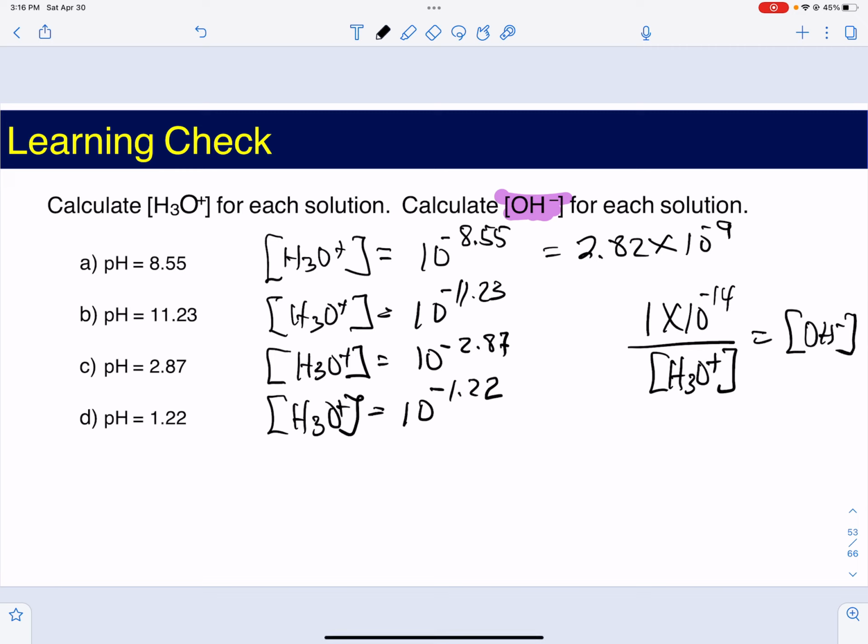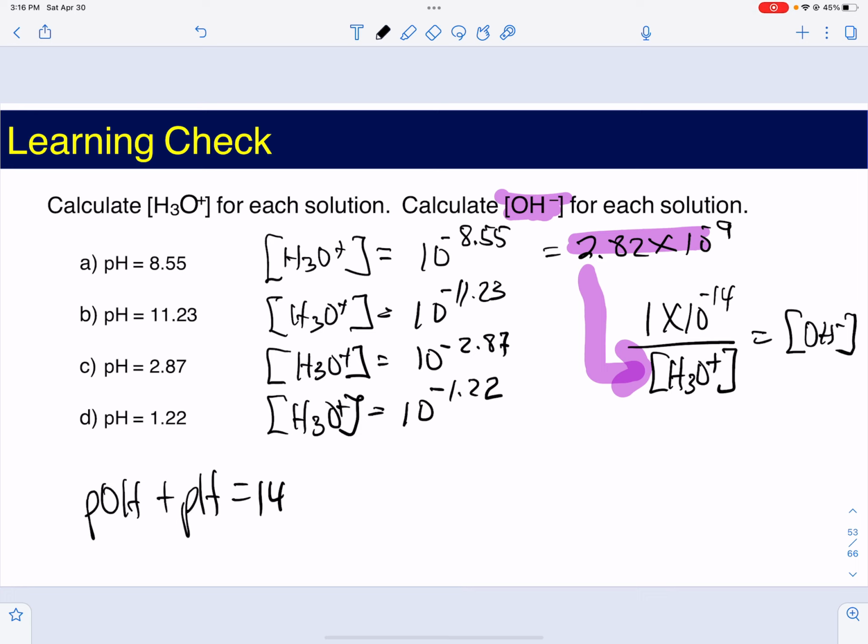So once you find that number, then do that and you get your hydroxide. The other way is by doing this. pOH plus pH equals 14. So that 14 keeps coming up, right? So if I'm given the pH, then 14 minus pH equals pOH.